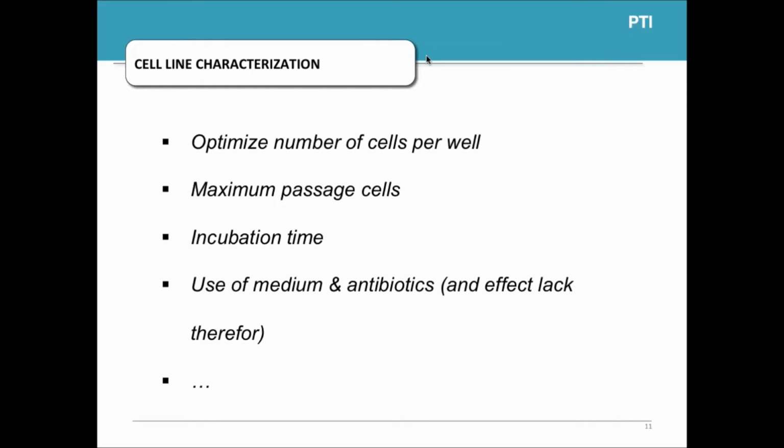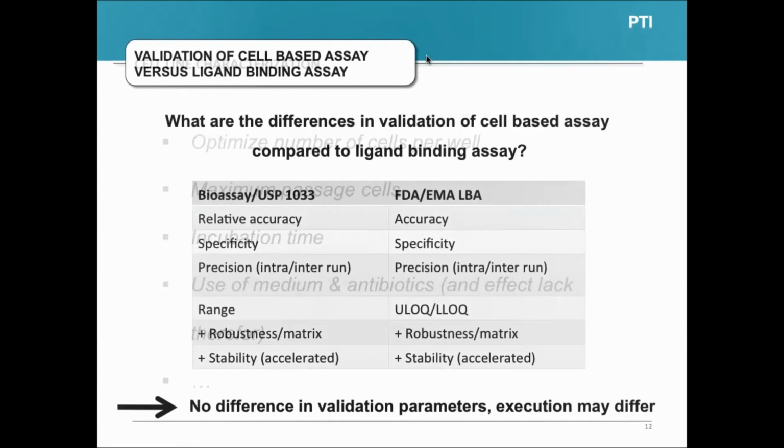But medium in itself can also have a huge impact on your cell line performance, and you should always try to get your hands on different vendors in order to compare if you are forced, throughout the validation process or later on, to switch your medium for whatever reason. And believe me, I've had that case, it happens. You want to make sure that your cells can tolerate a switch of medium, which is essential.